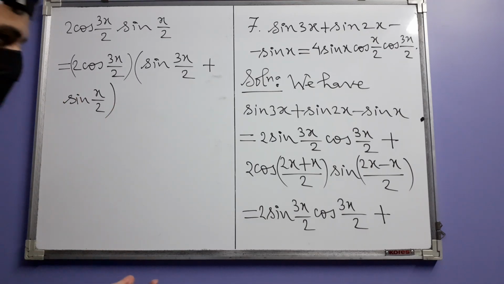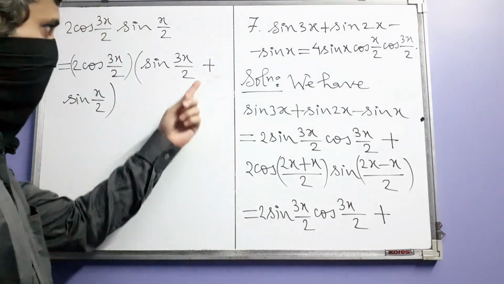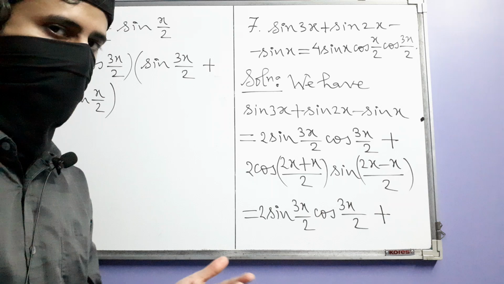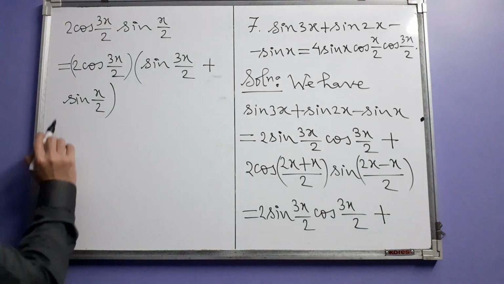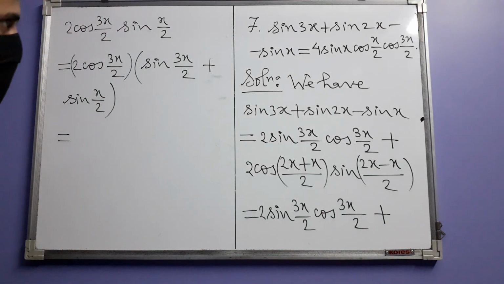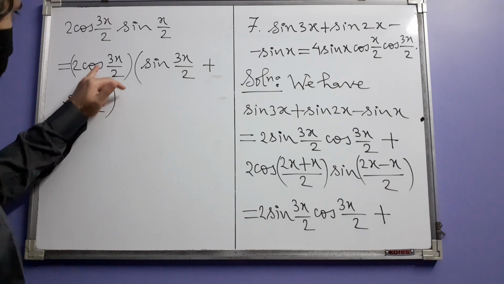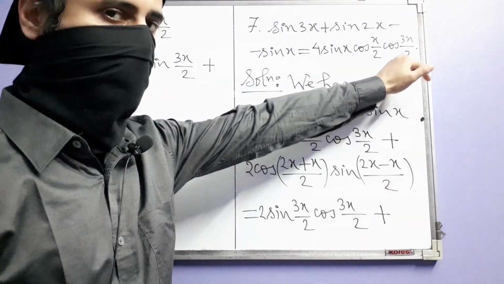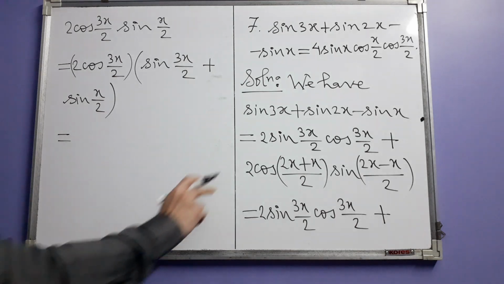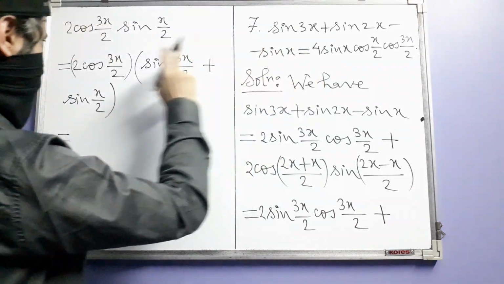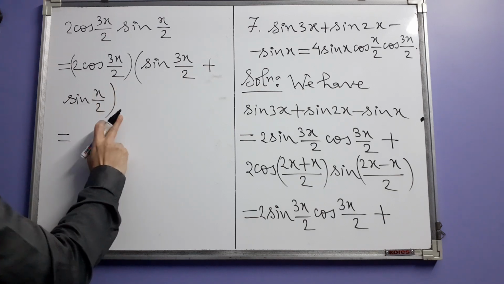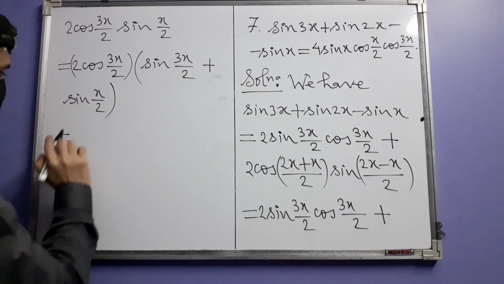Again, sin is there, so mixed terms will come, and because there is a plus in between, sin gets the preference. It will come first, followed by cos. You can already see that you are getting cos 3x over 2, which you need in the final expression. We do, however, need 4, but we have 2. But you can understand that when we apply the sin c plus sin d formula, another 2 will come.